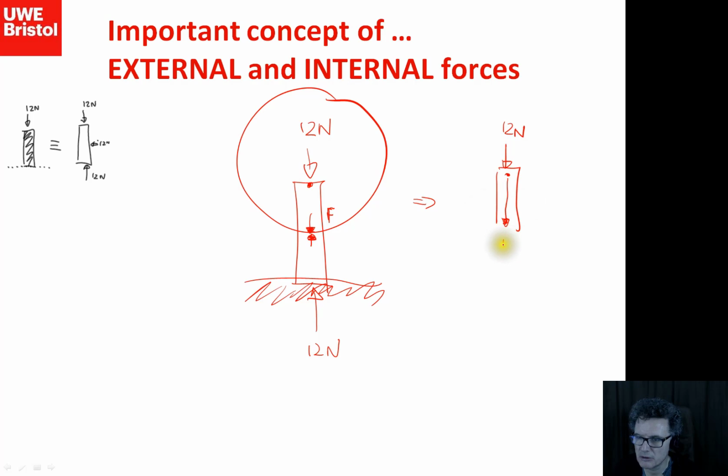So that's my F. And now I'm going to solve that. Well, in this case, I'm going to sum up my forces in the y direction. I define downwards as being positive. And so that gives me F plus 12 equals 0. So F equals minus 12 newtons.